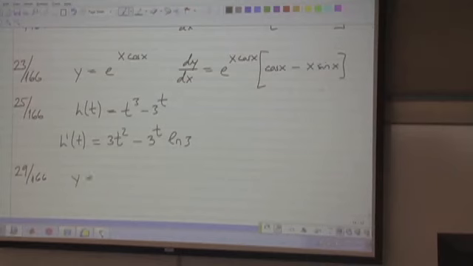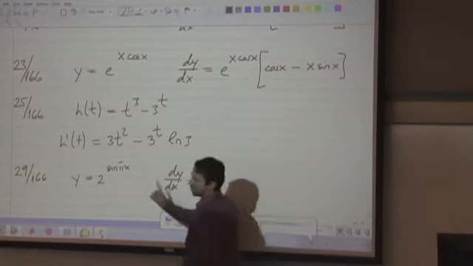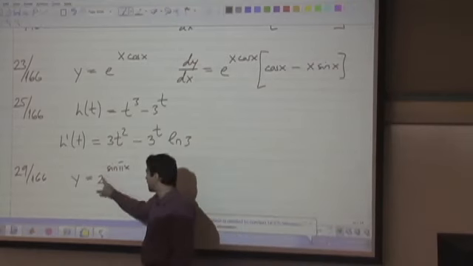y equals 2 to the sine of pi x. So what should we observe here? First thing is the fact that it's an exponential function, right? It has a base different than e, so there will be an ln of 2 at some point.